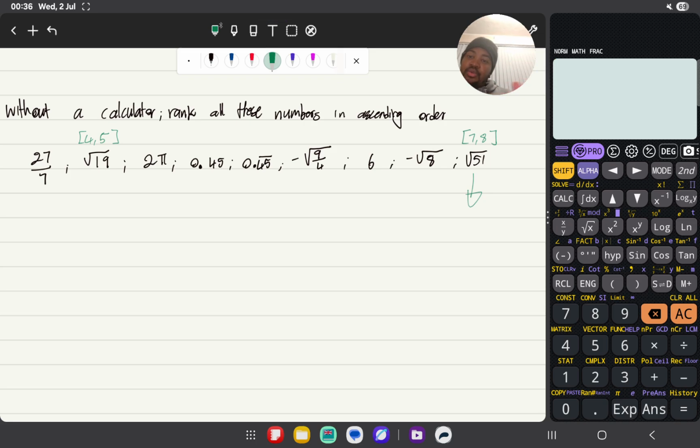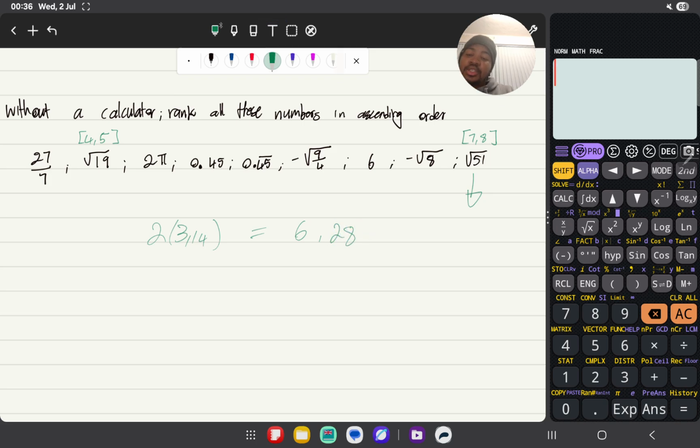Cool stuff. What I know about pi is that it is 3.14. I forgot the number that comes next, I think 5, but this is the pi that we all know. So you can just say 2 times this, which is going to be 6.28.